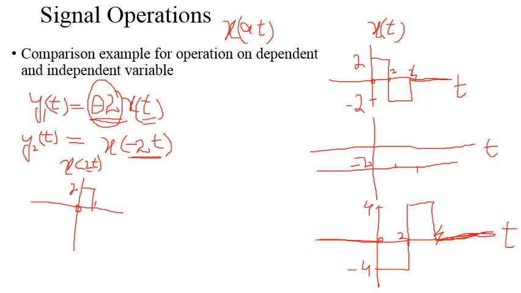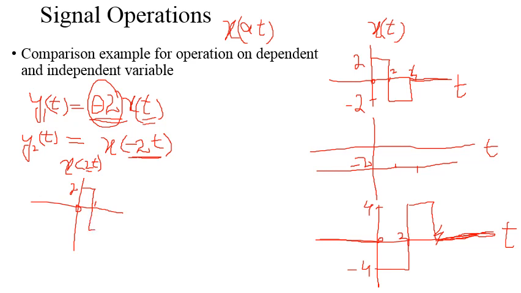Now the second part, which is from 2 up to 4, has an amplitude of minus 2. We are doing no operation on amplitude, so it will stay the same, right? Because we are doing the operation on t, and it has been scaled by a factor of 2, it will be compressed.